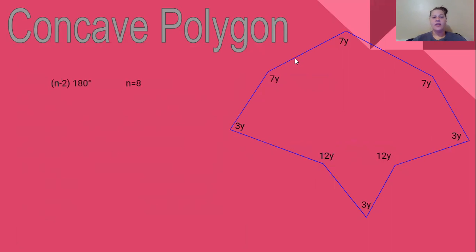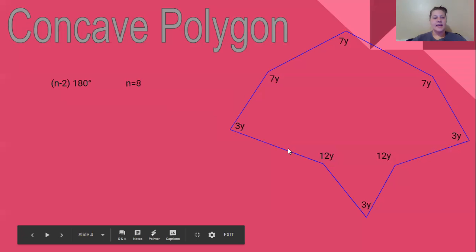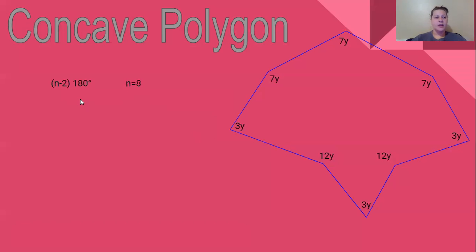This one has 1, 2, 3, 4, 5, 6, 7, and 8 sides. So n is equal to 8. So we're going to plug 8 in. 8 minus 2 times 180 gives us 1,080. That is the total amount that all these angles are equal to.